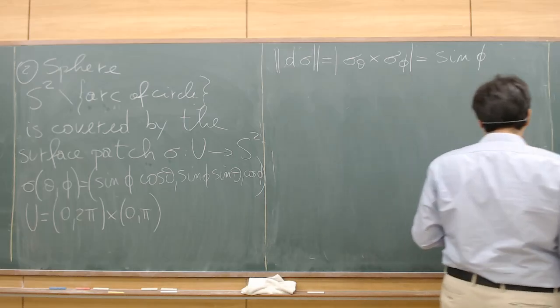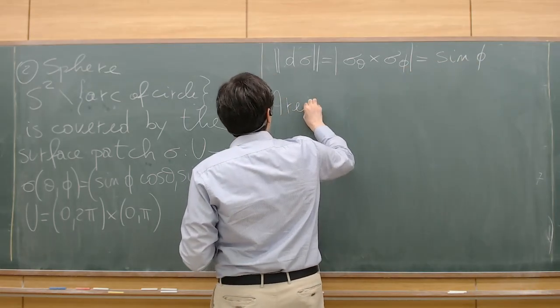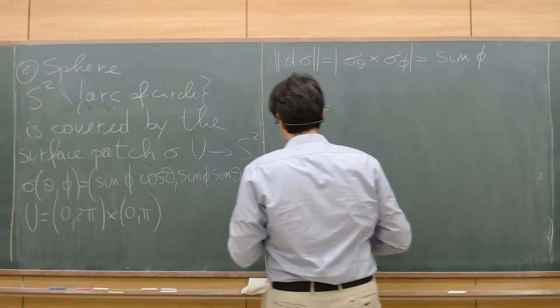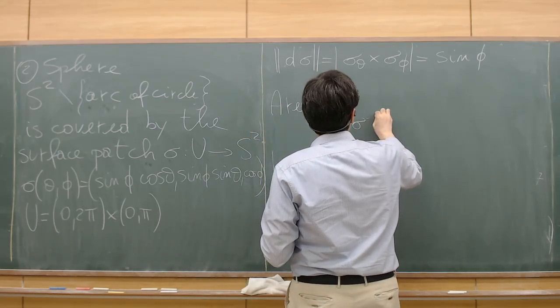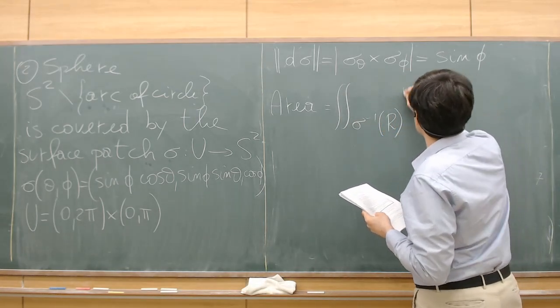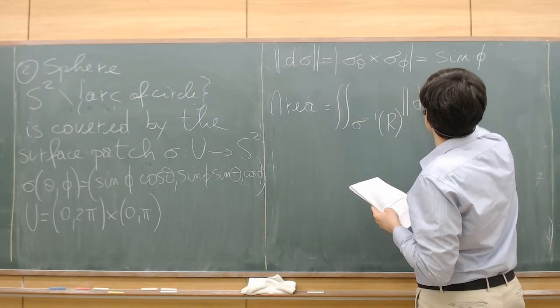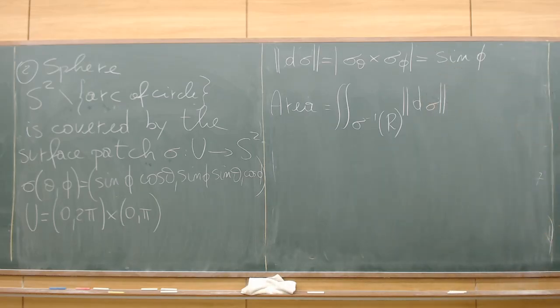And the area will be then the integral over sigma inverse of r of the area distortion of this sigma dA.